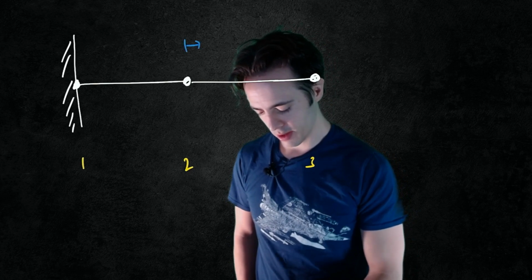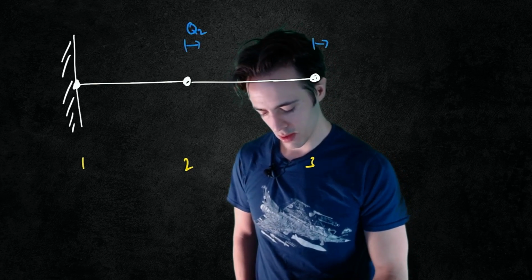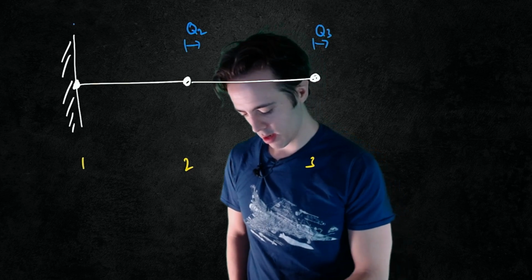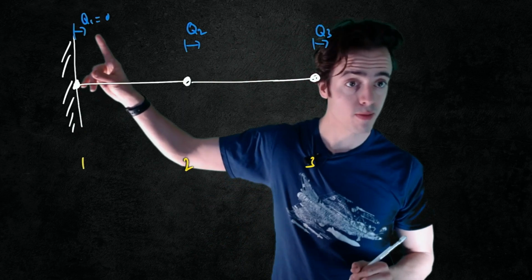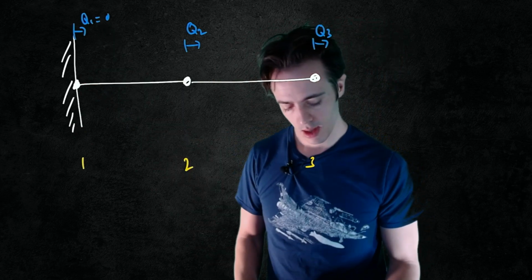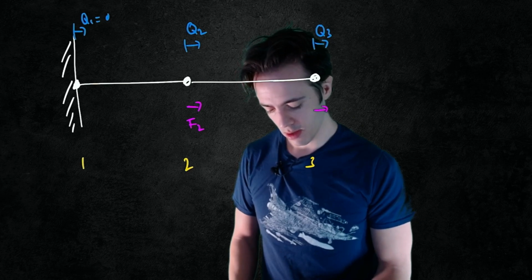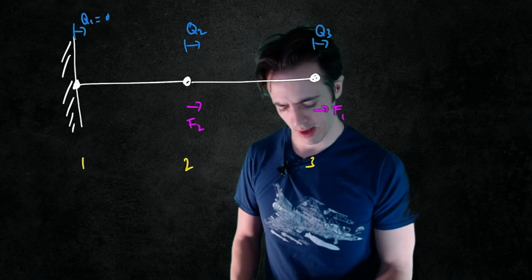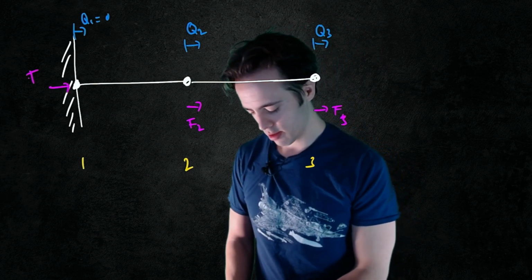This has got corresponding displacements, Q2, Q3, and Q1, which has to be 0 because this is a built-in here. We've then got forces, F2 and F3, which could be applied, and then we've got the reaction, F1.